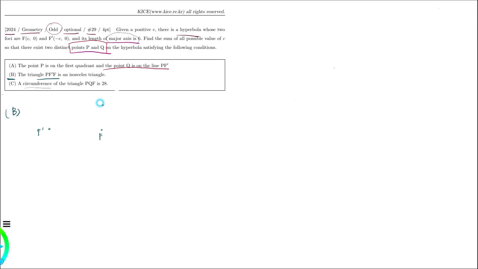I'm going to simplify the picture to show F prime and F here. On the first quadrant, the point P is on the hyperbola, so the hyperbola goes like this.